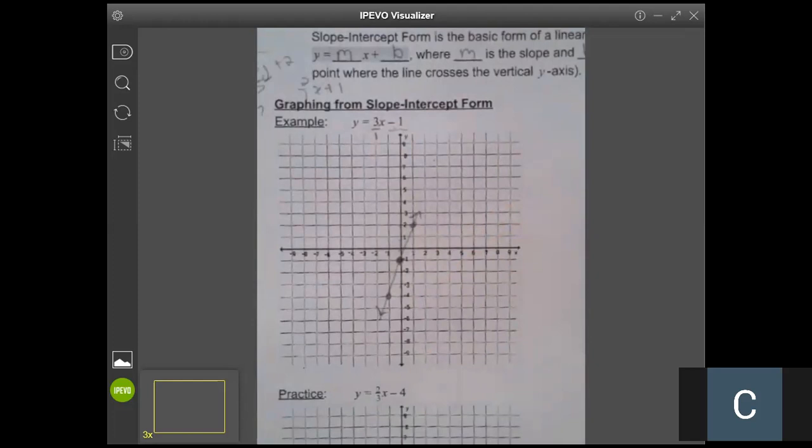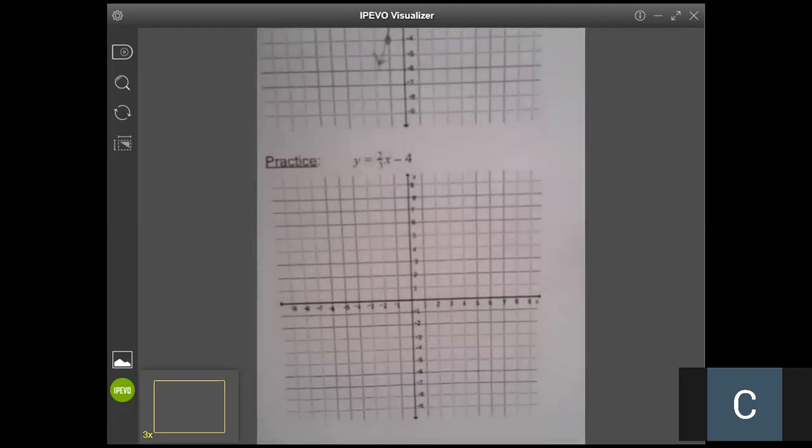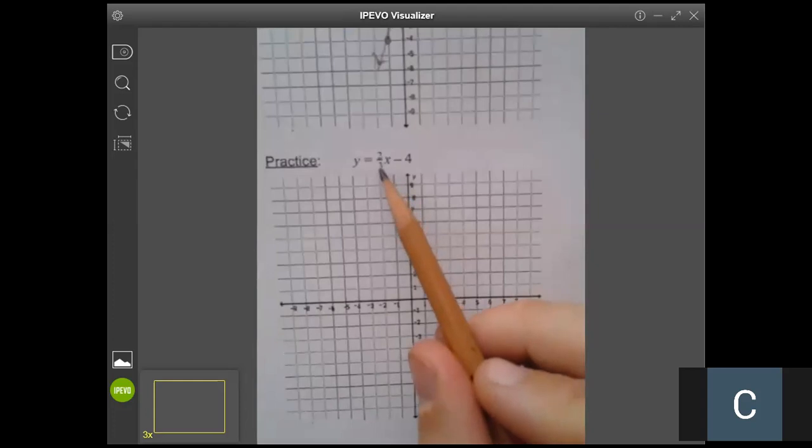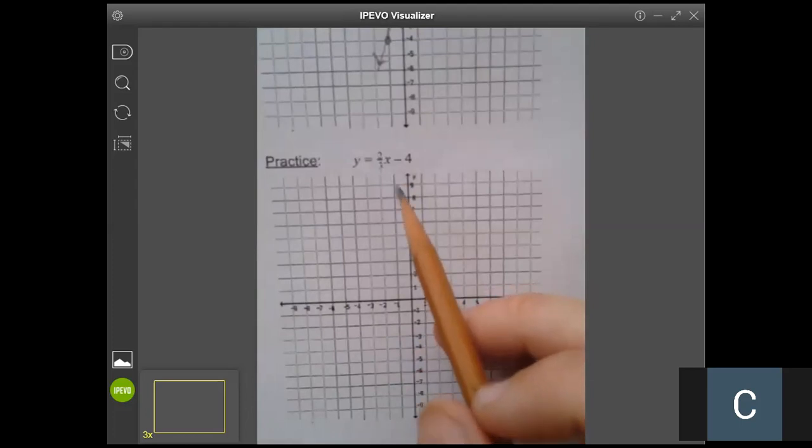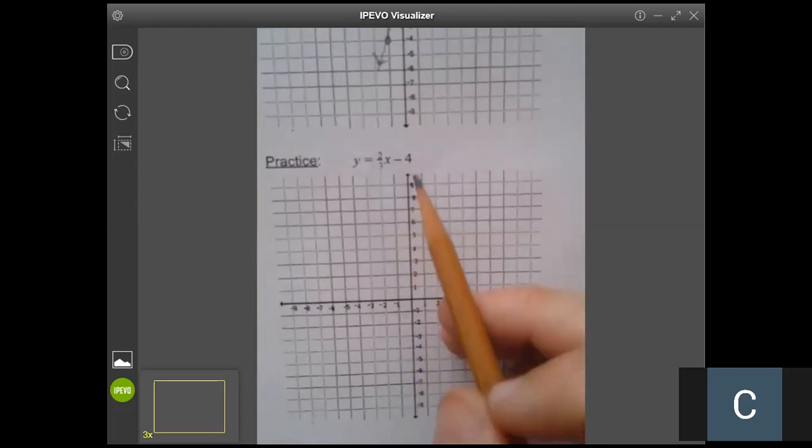Okay, let's take a look at the practice. On this one, similarly, we have a slope of 2/3. So our slope is not a whole number, it's a fraction, which means we already have our up and right direction of up 2, right 3 for our slope, and then a -4 for our y-intercept, where it crosses the y-axis.